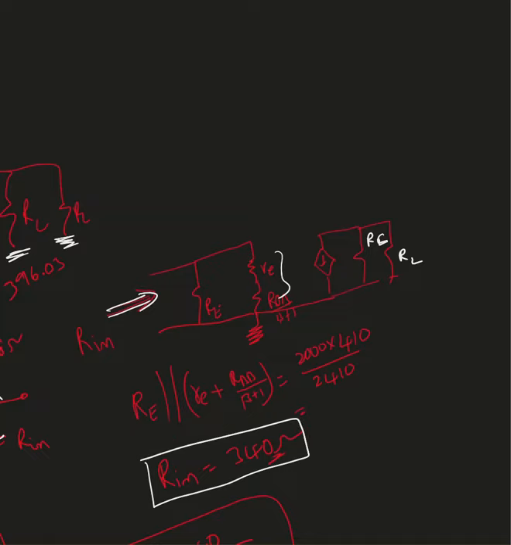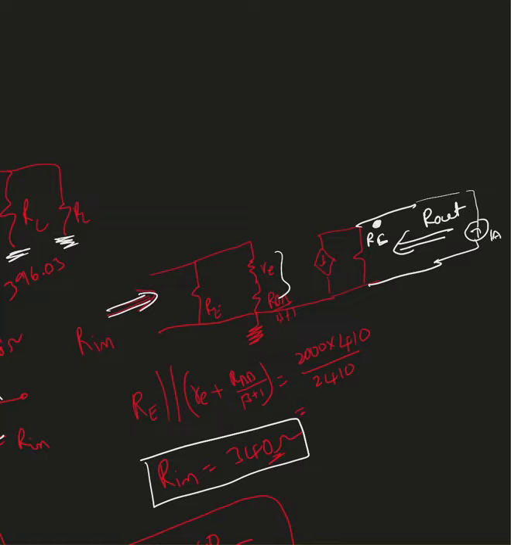Now, to find the output resistance, same thing here: I'm looking from here before connecting the load resistance. So remove the load and look at the circuit from the output terminals. Since there is a dependent source, I'm going to connect a 1 ampere source to find out how much impedance it is producing.